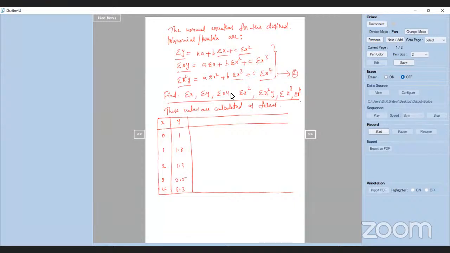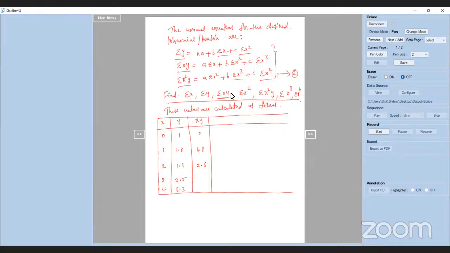Sum of all the x values, sum of all the y values, and summation of the required values. To get the summation xy, first we have to find x into y, the product of x and y. 0 into 1, 0. 1 into 1.8, 1.8. 2 into 1.3, 2.6.